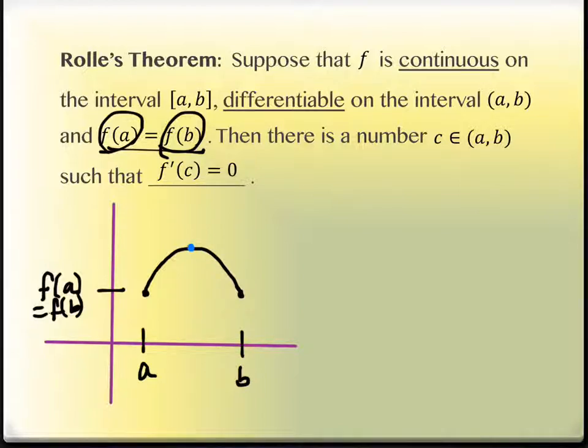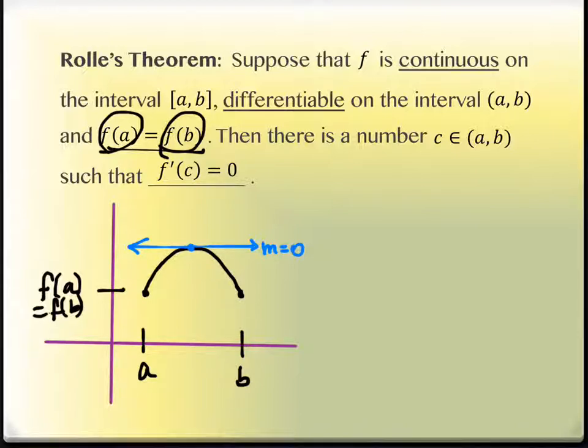Remember, a derivative of 0 means that I've got a horizontal tangent line. And that often means we've got things like peaks and valleys in graphs. So this location right here would have that horizontal tangent line, which has a slope, or derivative, of 0. And there's no other way that I could draw it that would fail, unless it failed to be continuous or differentiable, which are part of the conditions, right?